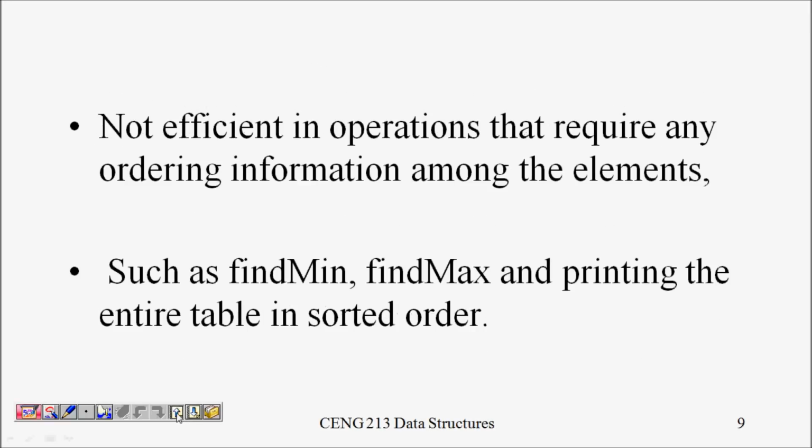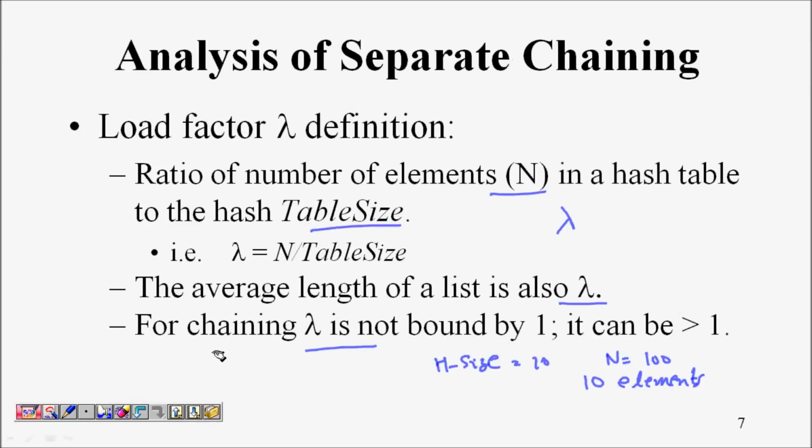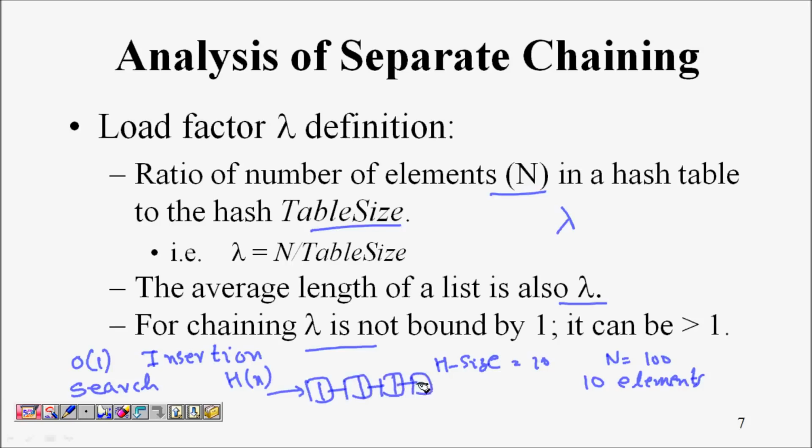So this is the case, and what will be the cost of insertion? Insertion is still O(1), isn't it? And then you have search. First I need to find h of x, then I will get the pointer to the linked list where my element will be.